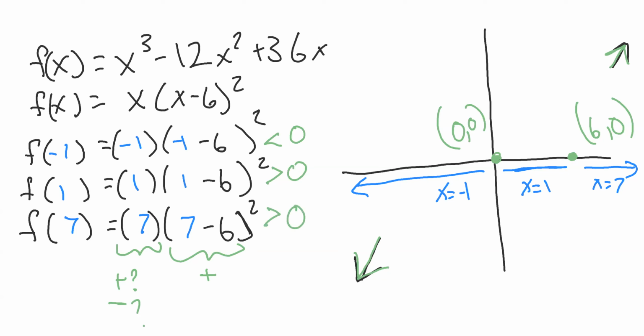Okay. So what that tells us is that we are going to be negative in this interval, positive in this interval, and positive in this interval. That just means the y values are above the axis if we're positive. Okay. So to do that, we can just draw that.